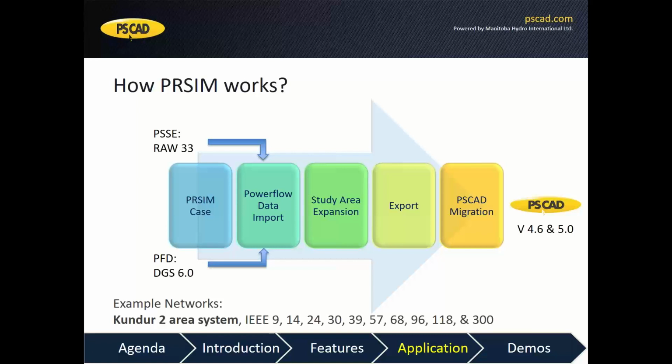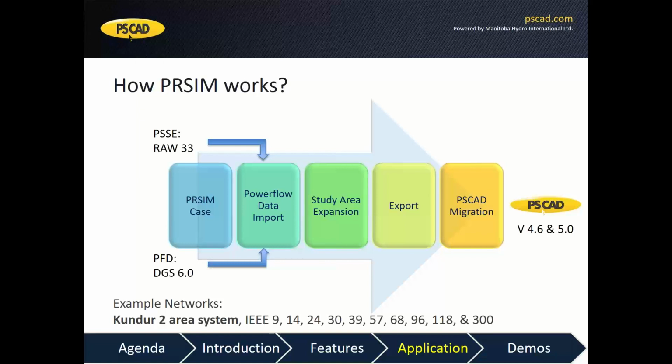Currently, we support up to RAW files version 33 for PSCC and only DGS files version 6 for PowerFactory. So these are the right formats we're expecting your power flow data to be in. And once you have either of those two files, you can start the process.